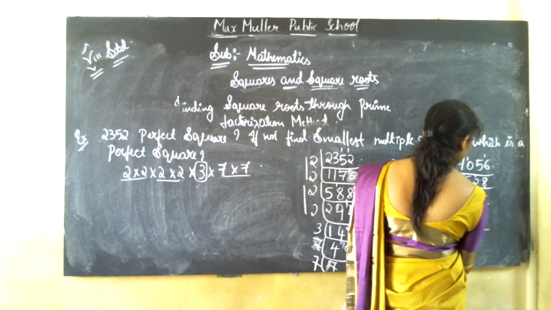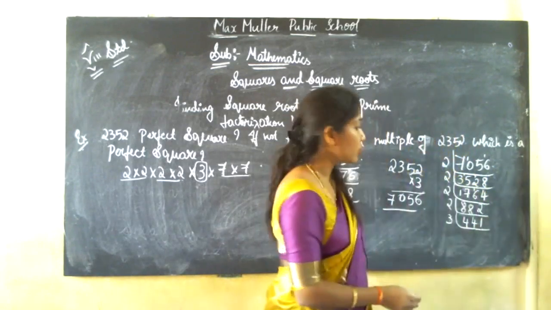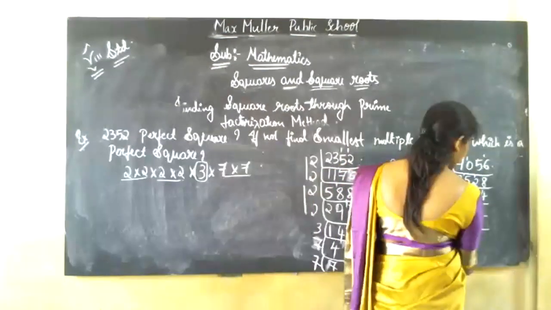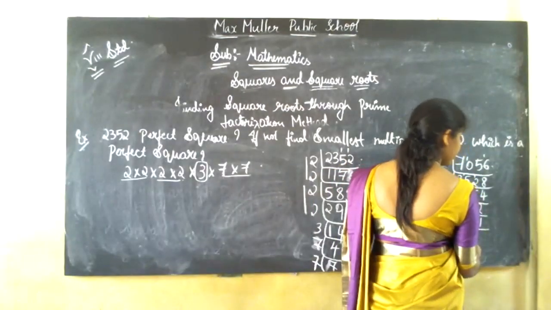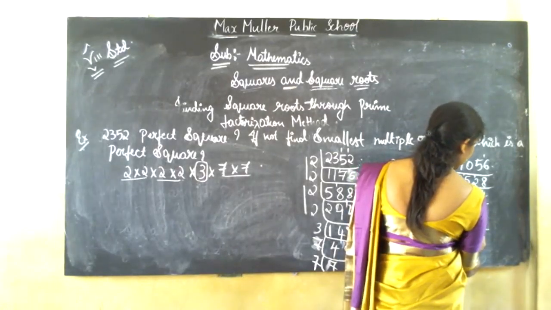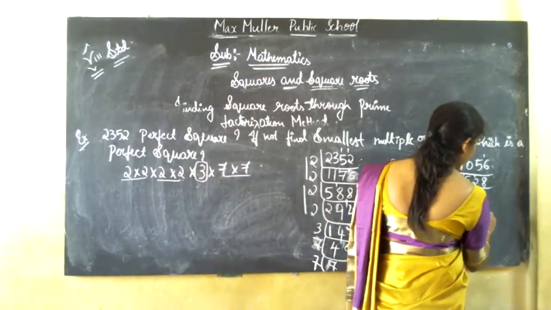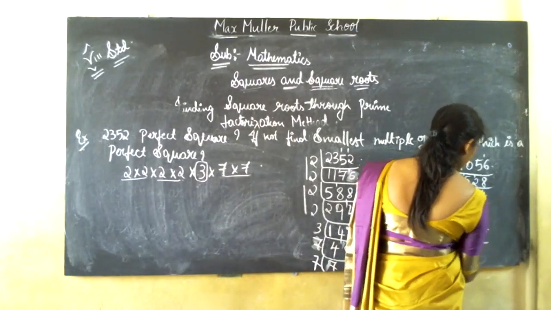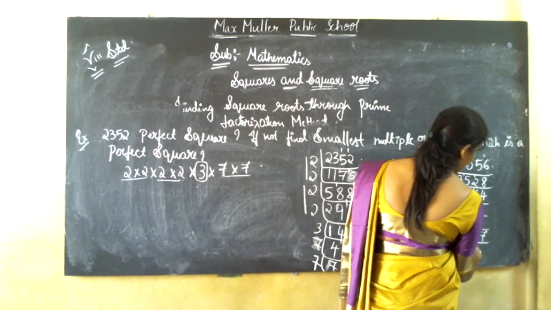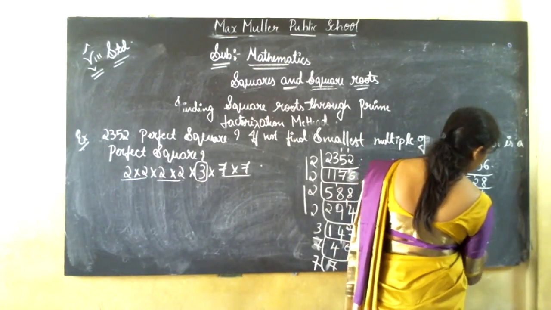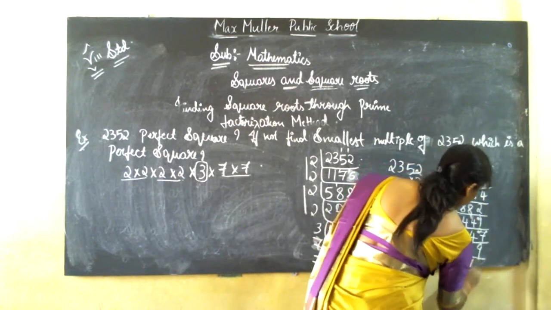Next, last number is 1, so you have to go for 3. 3 3s are 9, 3 1s are 3, 1 carry, 3 1s are 3, 3 4s are 12, 2 carry, 3 9s are, again 7 7s are 49.